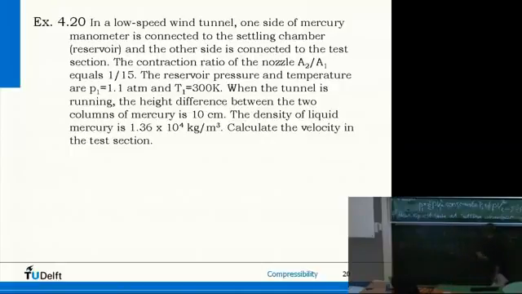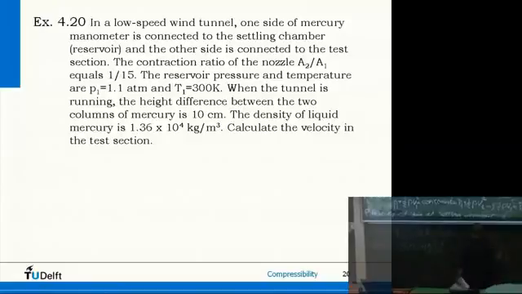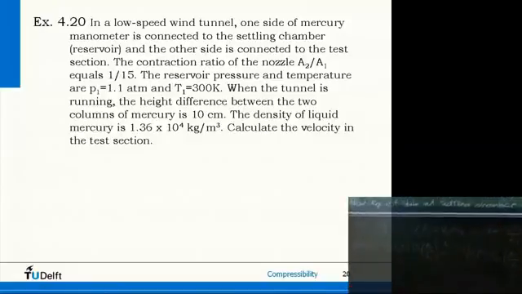Then we collect all the V2s on one side, so we get a half rho minus a half rho (A2 over A1) squared times V2 squared is equal to the pressure difference P1 minus P2.